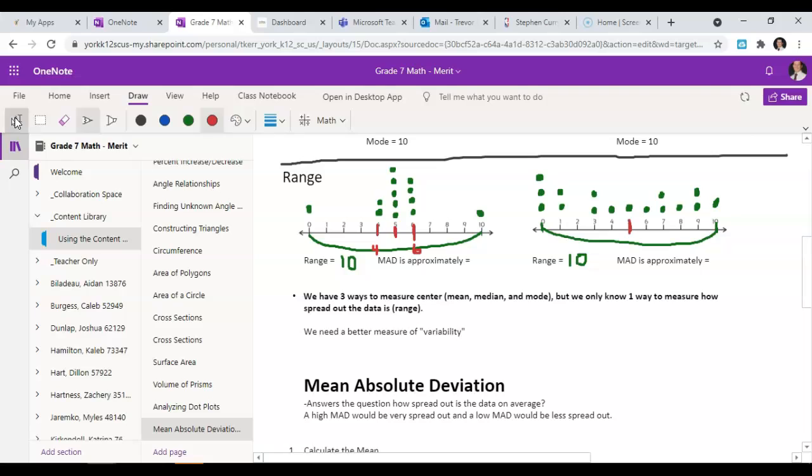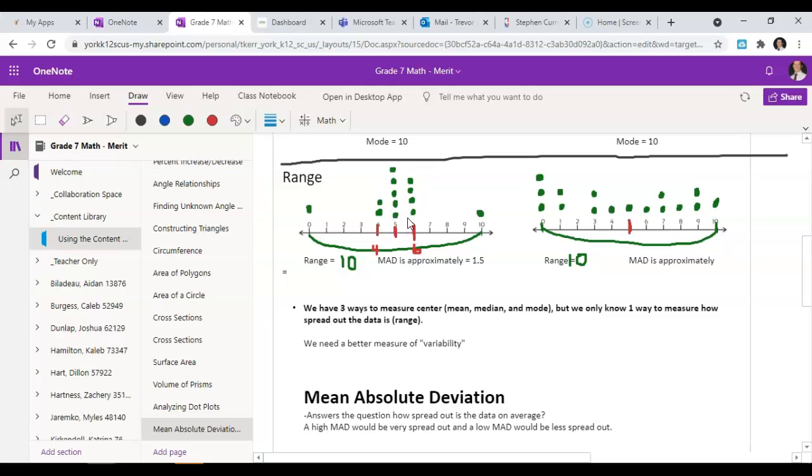And so approximately, this isn't actually how you calculate it, but approximately the MAD here would say that pretty much everything on average is within 1 space, and then there are just these outliers that are going to make it a little bit higher than that. So maybe 1.5. But on average, most everything is about 1 place away from the 5.